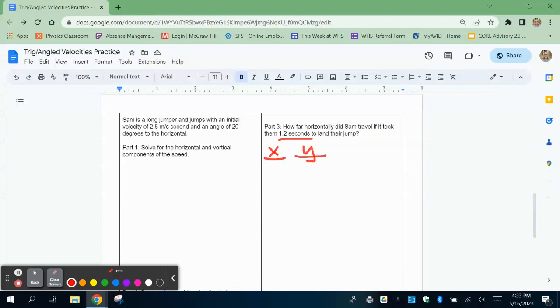Well, we know the time t is 1.2 seconds. That's our total time. We know that our Vx is equal to 2.63 meters per second, and our Vy initial is equal to 0.957 meters per second.